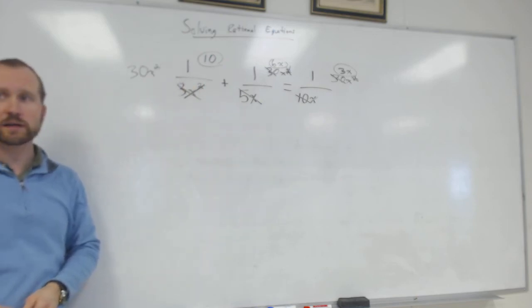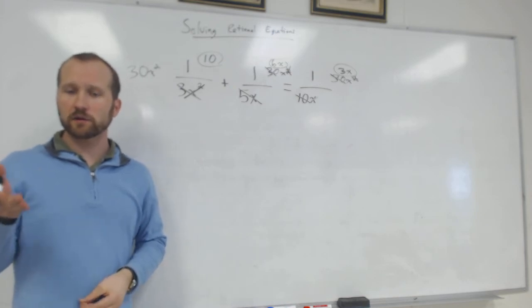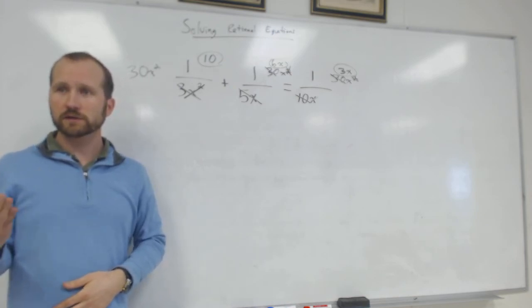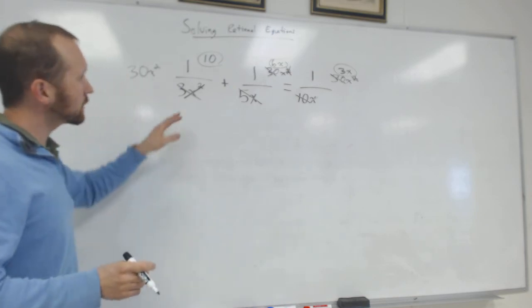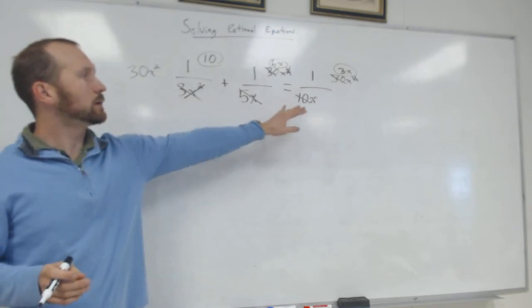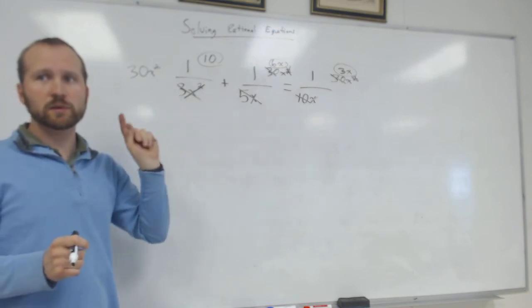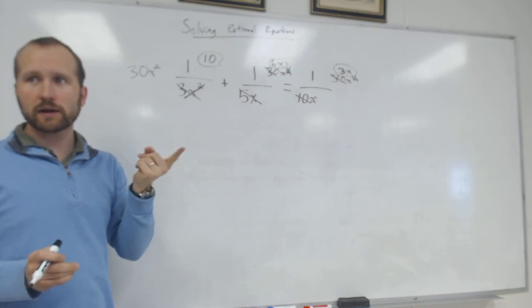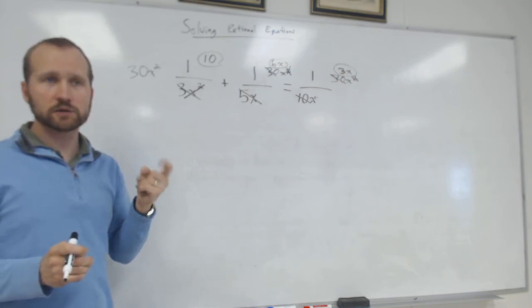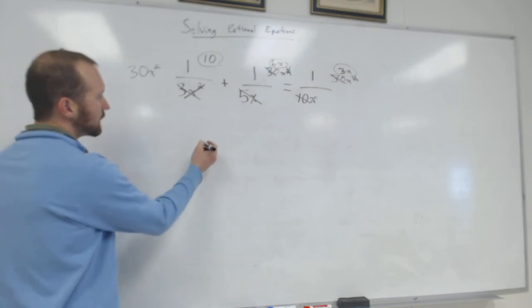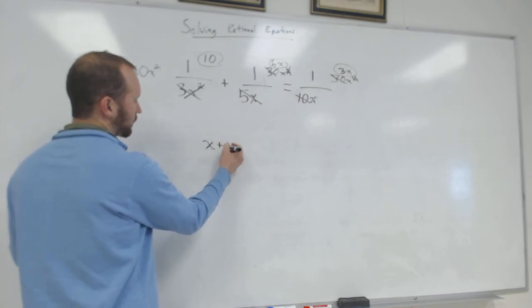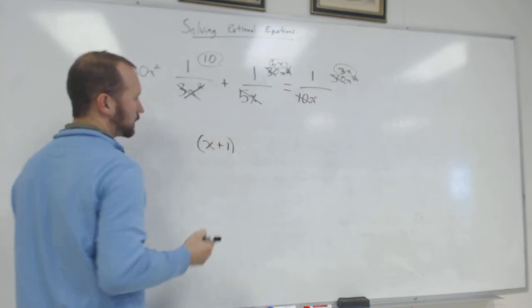Now, for the homework tonight, the side that you're going to do, 1 through 10, the first 10 problems, all of your denominators are going to look something like this. They're going to be one term. You're not going to have any denominators that are 2 terms. So you won't see any denominators that are like x plus 1.